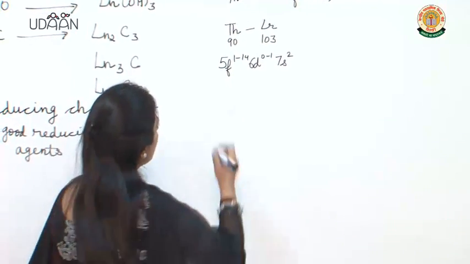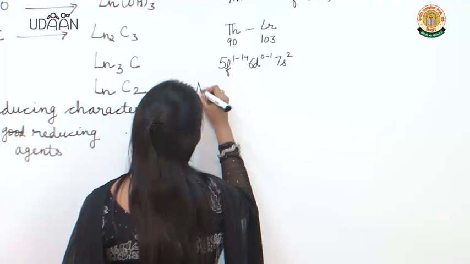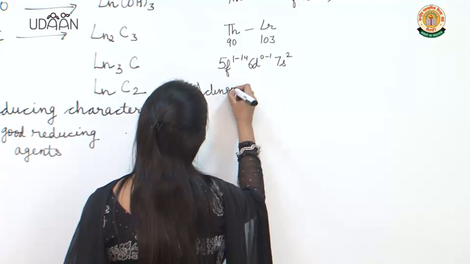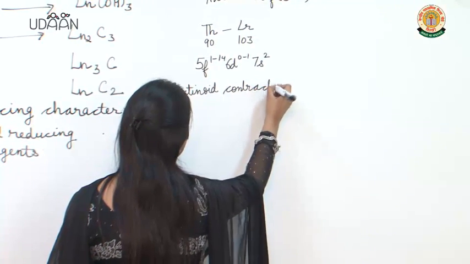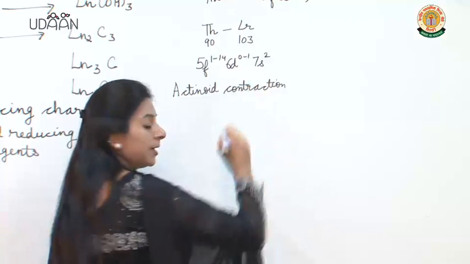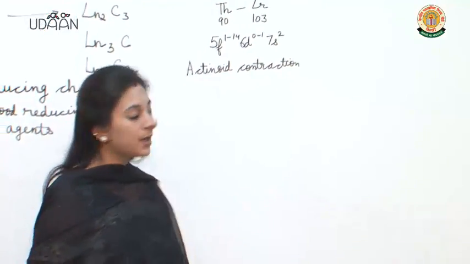Now, when we talk about the actinoid contraction, as we know that lanthanoid contraction takes place due to the poor shielding effect of 4f electrons.